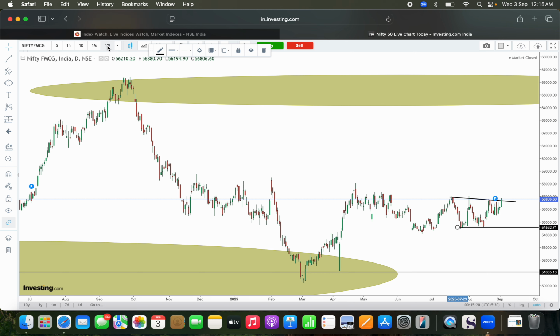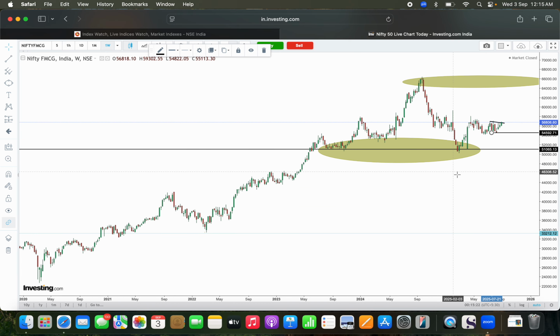And as and when it does give a confirmation for the inverted head and shoulders that we had discussed, which was coming out of the weekly charts right here, we would know that if the price reaches somewhere here, our stop loss will be at 54,500 or whatever levels we are seeing. I mean, it's just after the breakout, we will trail the stop, and yeah, it looks like a logical trade.